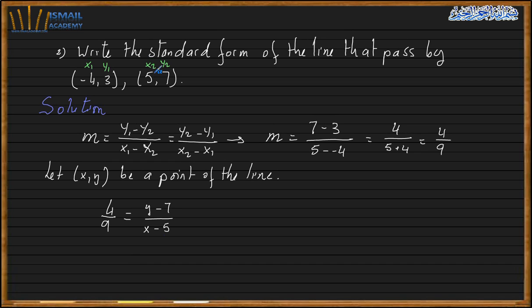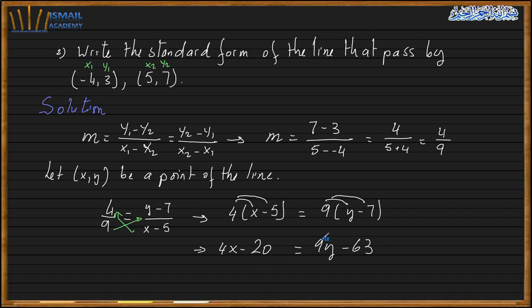Now I cross multiply. I will have 4 times (x minus 5) equal 9 times (y minus 7). So 4x minus 20 equal 9y minus 63.